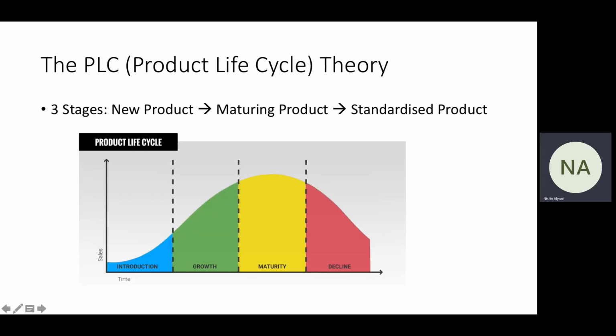The PLC, the product lifecycle theory, has three stages mainly. If you look carefully into this picture, introduction is where a new product is introduced in the market. Then it grows through new versions and models, such as handphones. They create new models, new technology, new design, and so on.